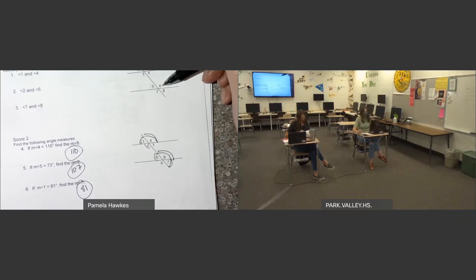Corresponding. Congruent or supplementary? 8 and 7. They are adjacent, but that's not a type that we've learned. What's another? Linear. And are they congruent or supplementary? Supplementary. So that's the kind of things you guys are studying tonight. Okay?